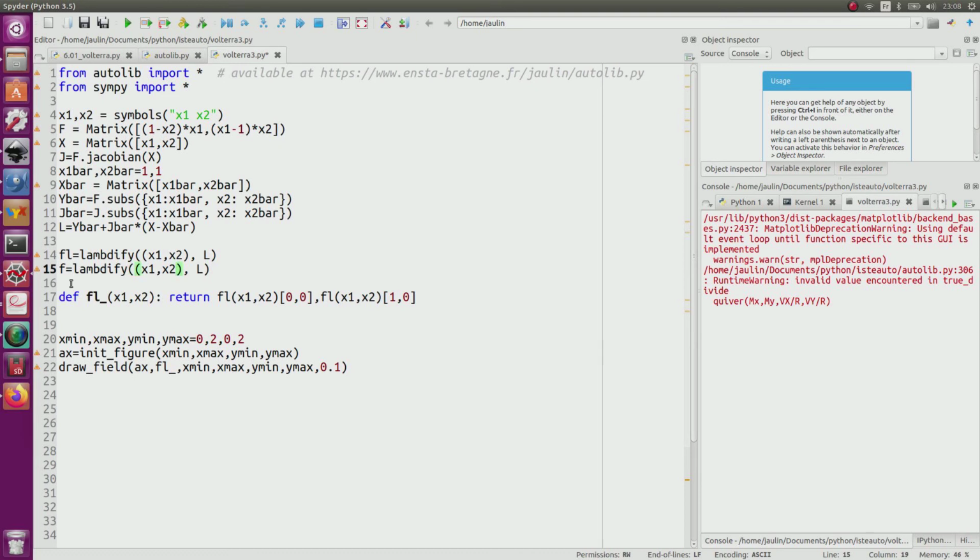and it will correspond to, I will lambdify the function f, capital F, so that this expression will be transformed into a function. I will not have to write another function.